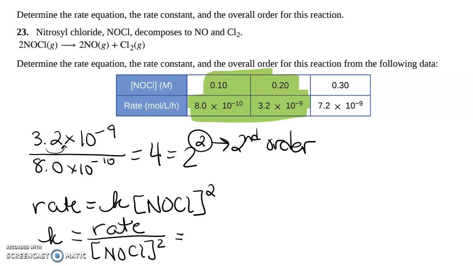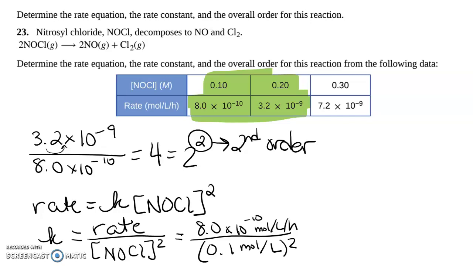So I'm just going to use trial 1. Again, it doesn't really matter. So I'm going to use 8.0 times 10 to the minus 10 over 0.1. Okay, so keep in mind this is moles per liter, and this is moles per liter per hour. So that's going to give me a final point of, this is squared because it is a second order reaction.